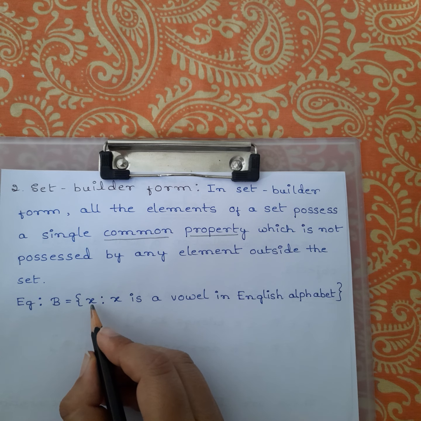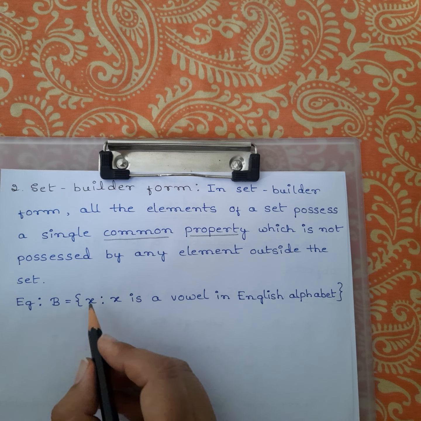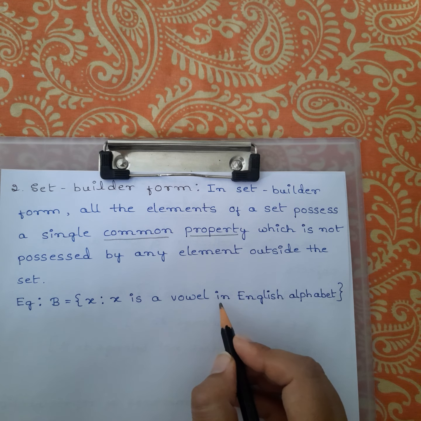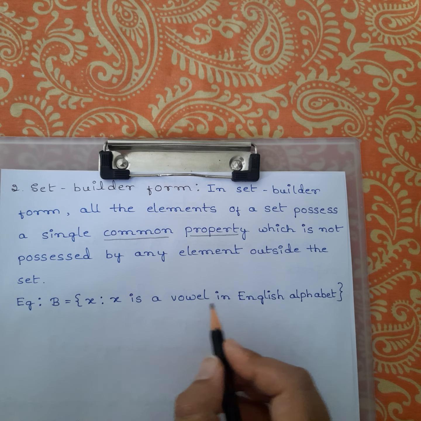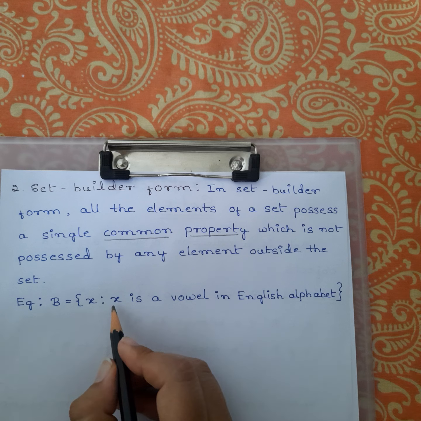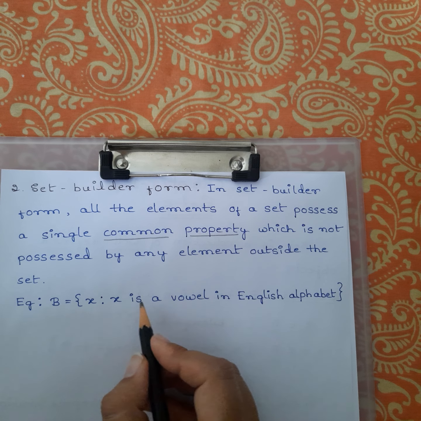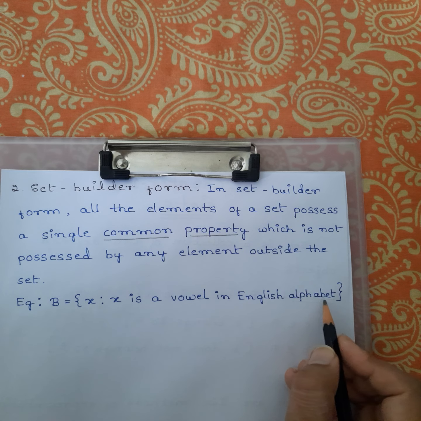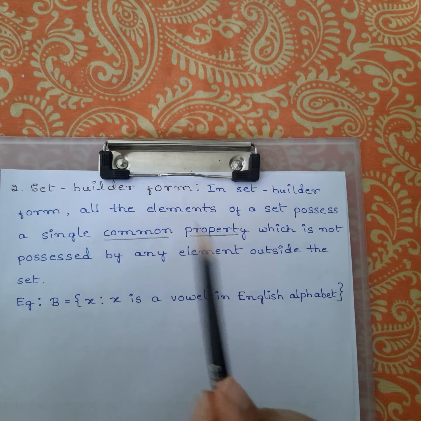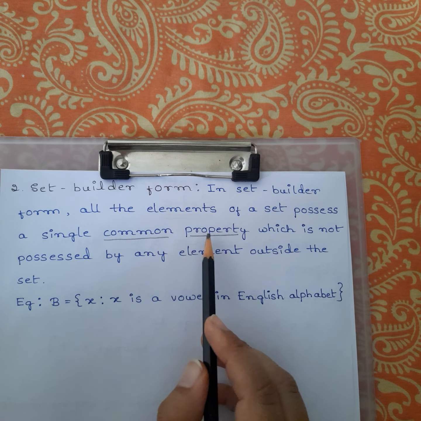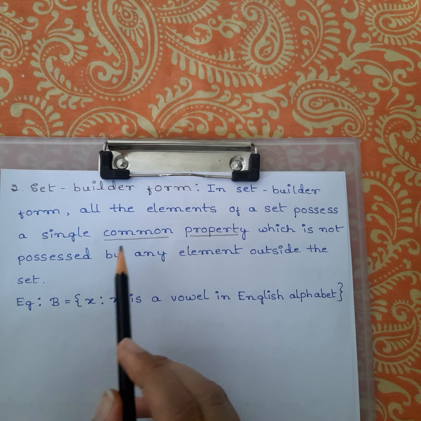Here x denotes the general element of the set. Instead of listing A, E, I, O, U, we have written the common property possessed by those elements, that is, x is a vowel in the English alphabet. So in set builder form we need to write the common property possessed by the elements.